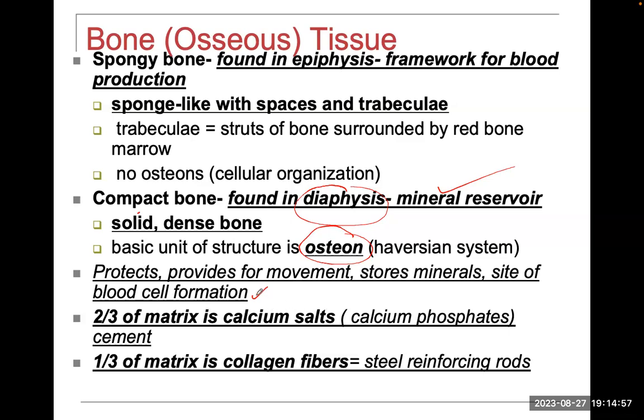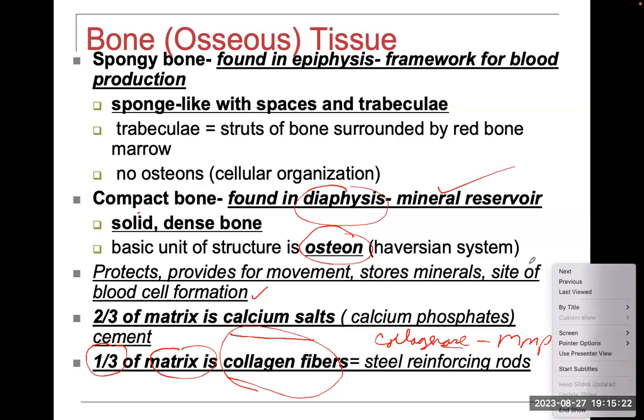Look at what makes up bone. Two-thirds of bone is calcium salts. That would be like the cement, calcium phosphates. And one-third of the matrix is collagen fibers. So one-third of the matrix is collagen. Remember the MMPs.